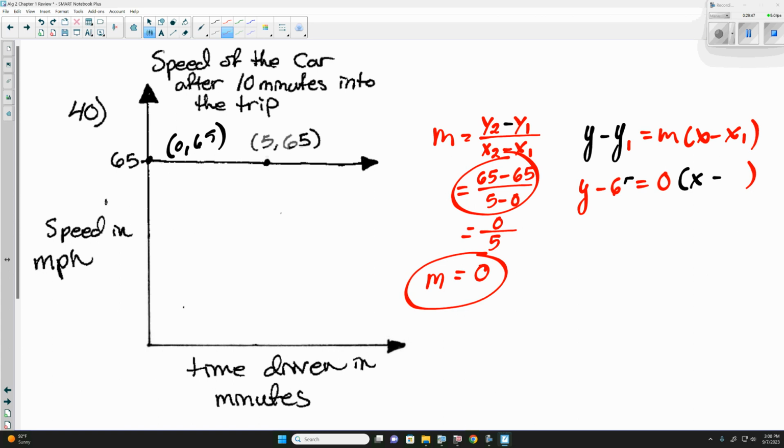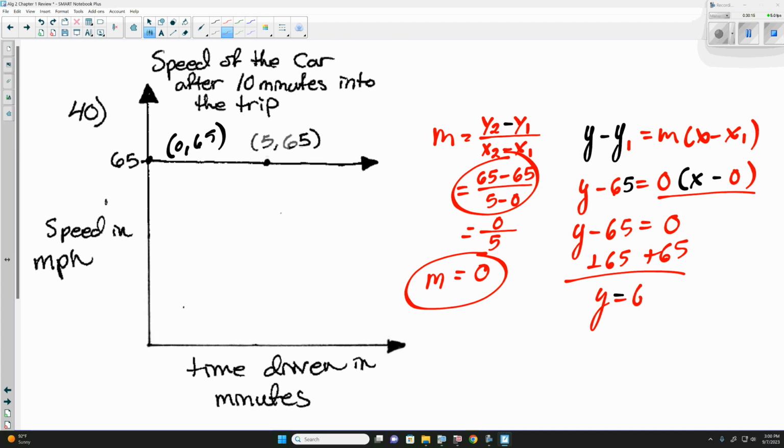Because the left-hand side is going to be y minus 65, but 0 times anything is 0, so the entire right side just becomes 0. Last thing we have to do is add 65, so y is 65. Questions on this here?